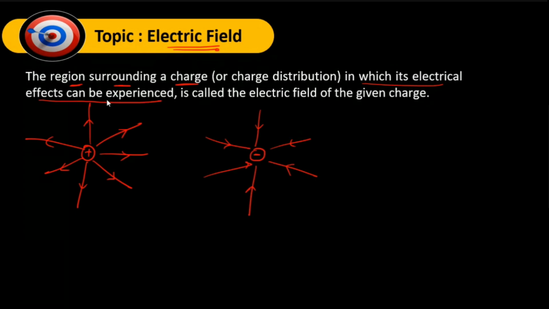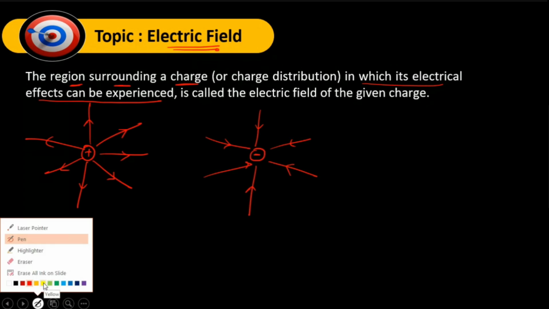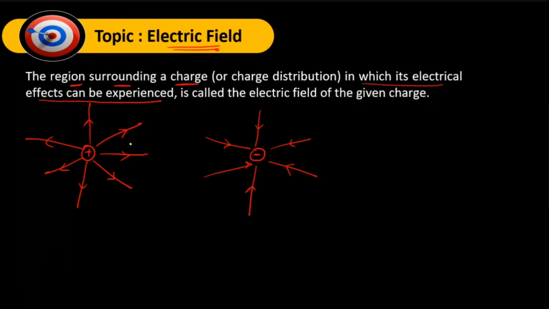Now, what does it mean by electrical experience? Suppose there was a charge and because of that charge, there was some electric field. In this electric field, if I put a charge, this charge must be experiencing some force, and that force is nothing but electrostatic force.